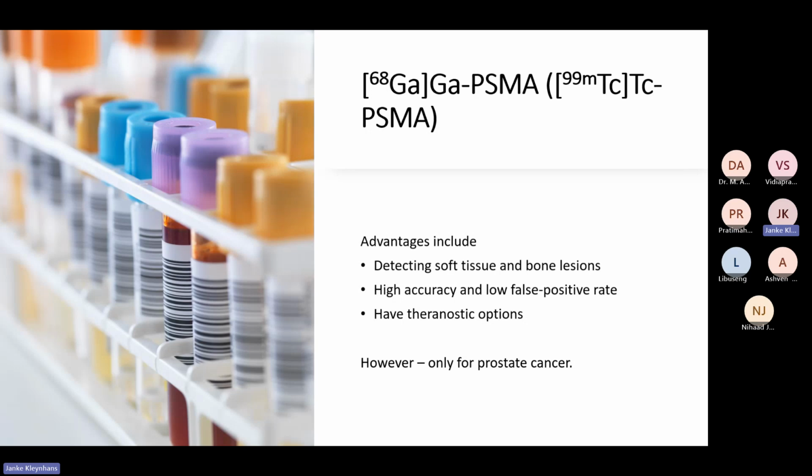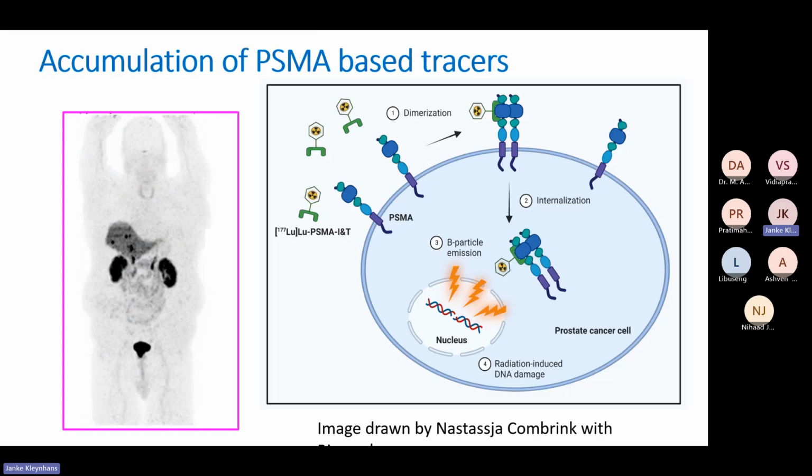But you have to note that it's only for prostate cancer because it's prostate-specific membrane antigen. It has been shown that this specific target is expressed in other cancers, but it was never proven that it's really a viable target for other types of cancer. So unfortunately, this is what we have to do.